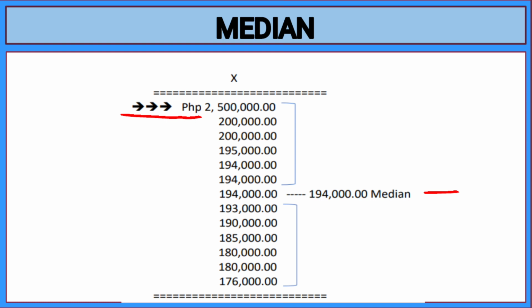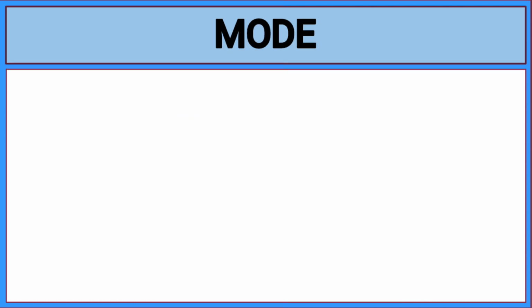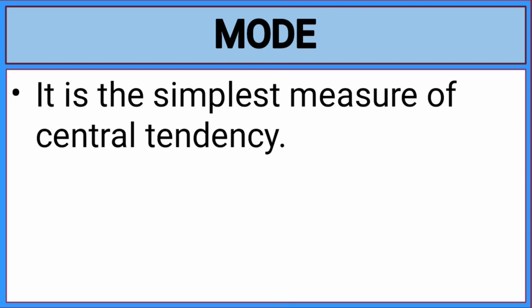Okay. Now let's move forward to the last tool, which is the mode. The mode is another measure of central tendency, and this is the most frequently occurring score in a distribution. In a histogram, the mode is always located beneath the tallest bar. Okay, as I mentioned, this is the simplest measure of central tendency.